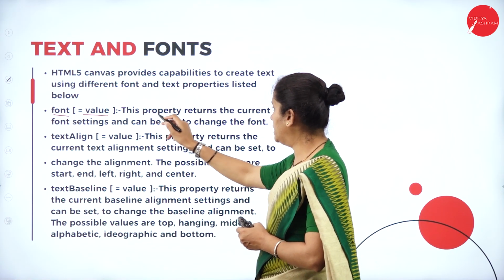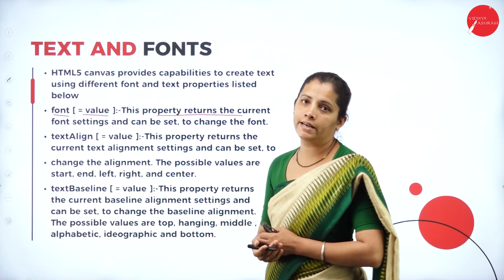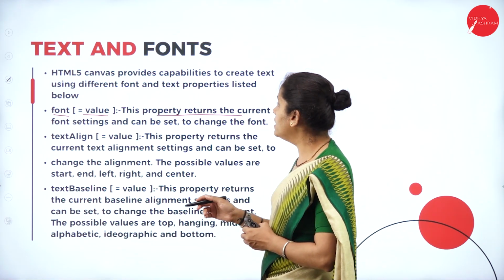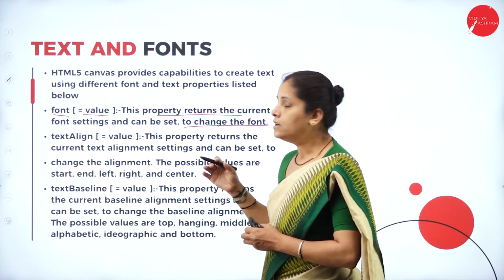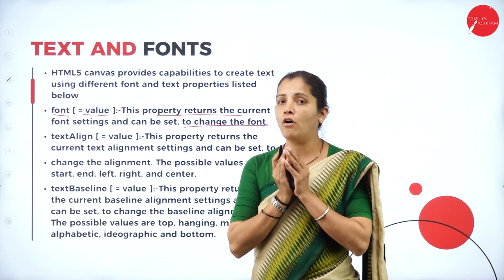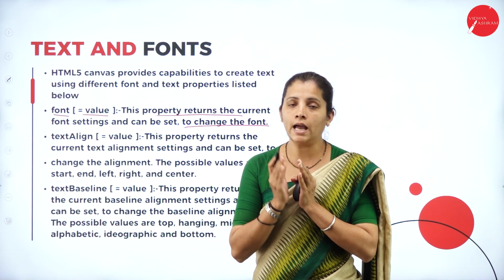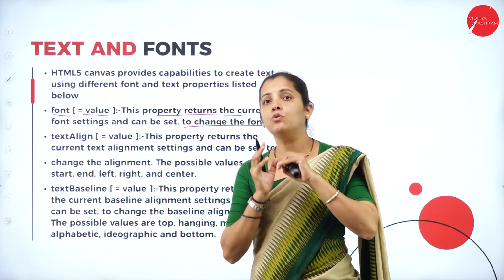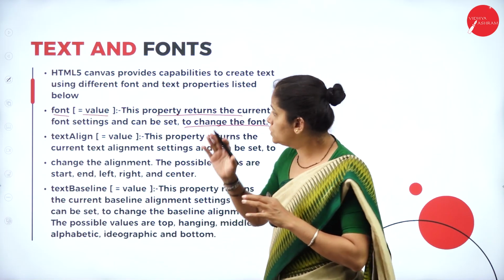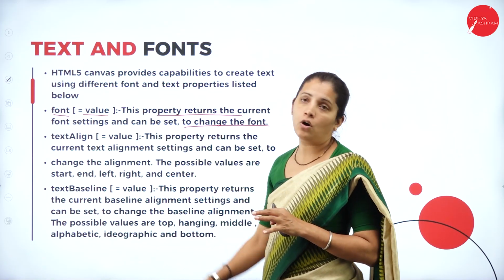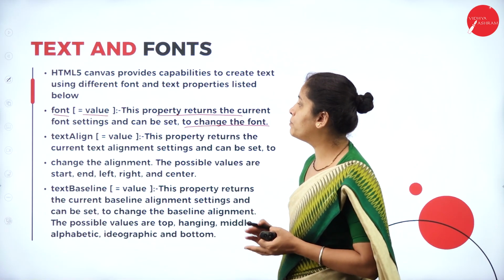This property returns the current font setting, and can be set to change the font. For example, if my font style is Times New Roman and I just want to change that to Arial, then I'll use the font property.